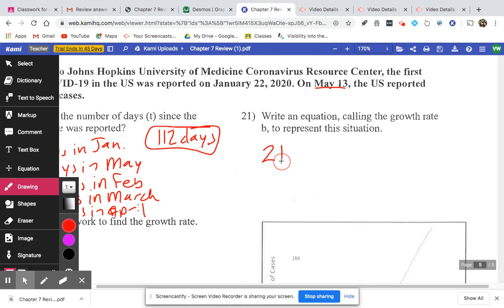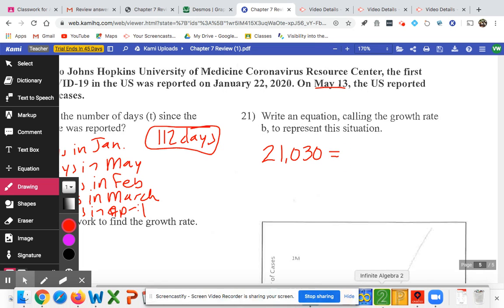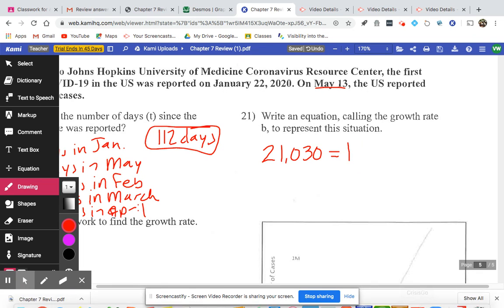So I'm going to say 21,030 equals. Now we need to find our starting number. It's 1 because we know the first case was reported on January 22nd. First case means 1. And we're calling the growth rate B.